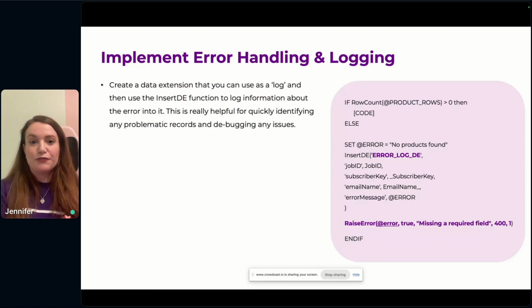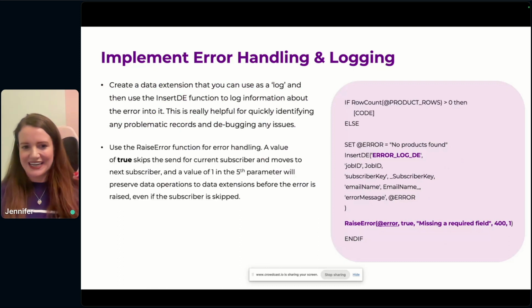So it's really helpful for being able to quickly identify problematic records and debug issues, because chances are, if you've got a huge data set, I would love if it all just worked, but it's never the case, is it? So this is a really great way to find and fix those records quickly.